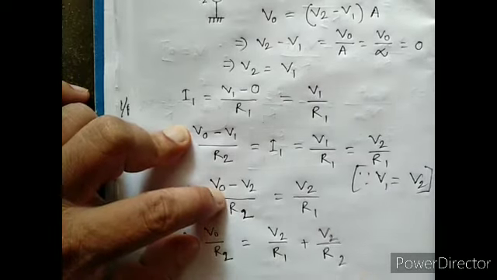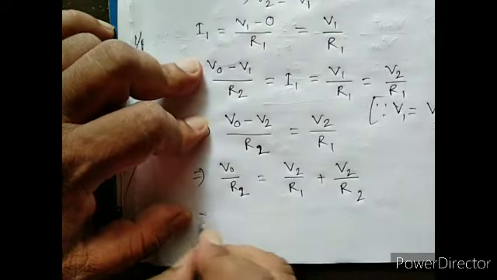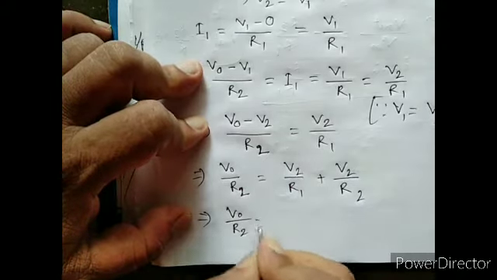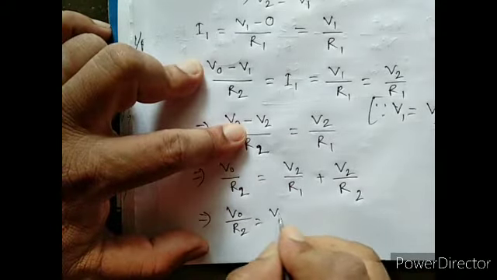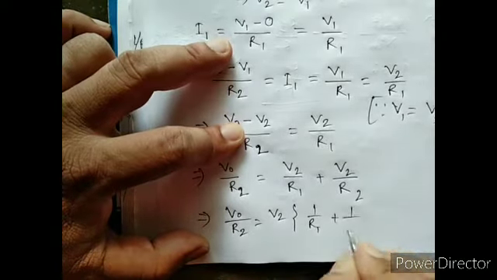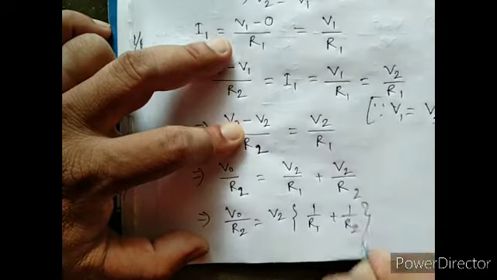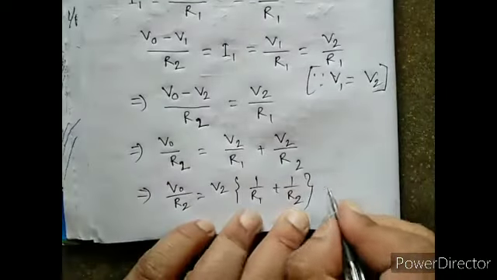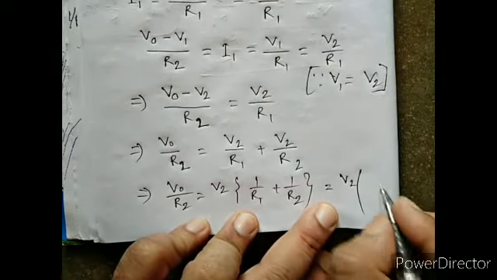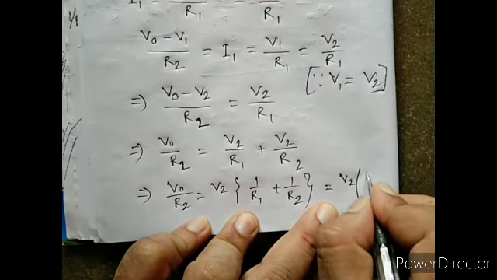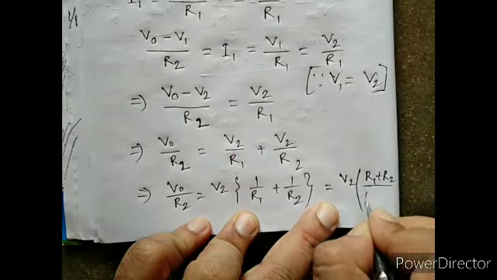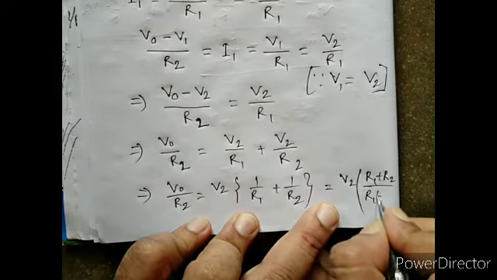From there we can write V0 by R2 equals V2 into 1 by R1 plus 1 by R2, that finally we can write V2 into (R1 plus R2) by R1R2.